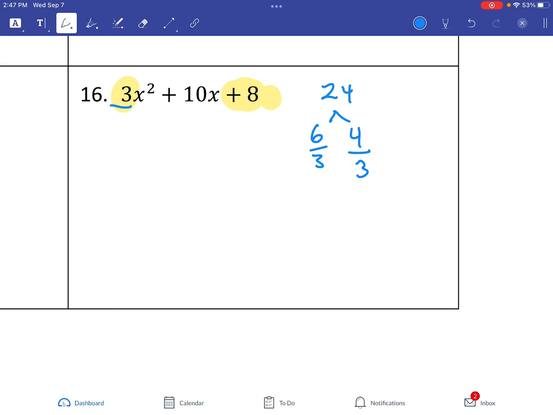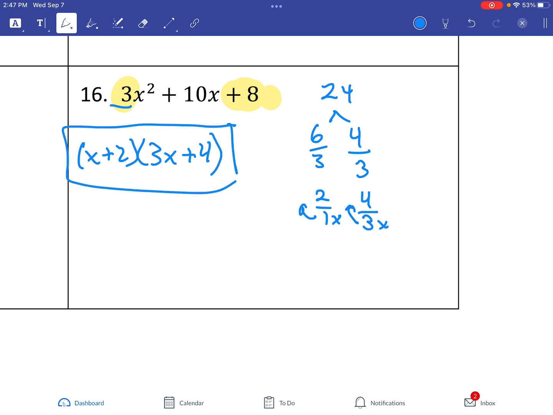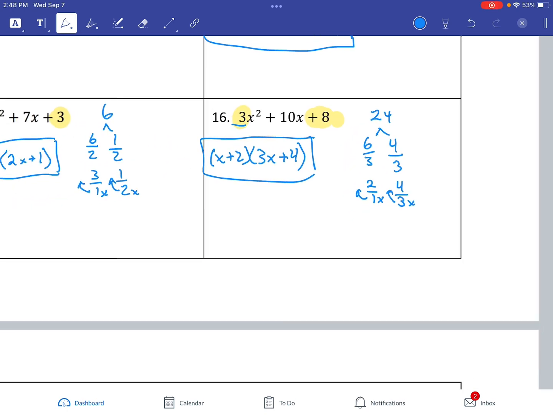Then reduce the fraction. 6 over 3 is 2 over 1. 4 over 3 cannot be reduced. X's go on the bottom. Bring those to the top. So we have x plus 2, 3x plus 4. And that is some factoring.